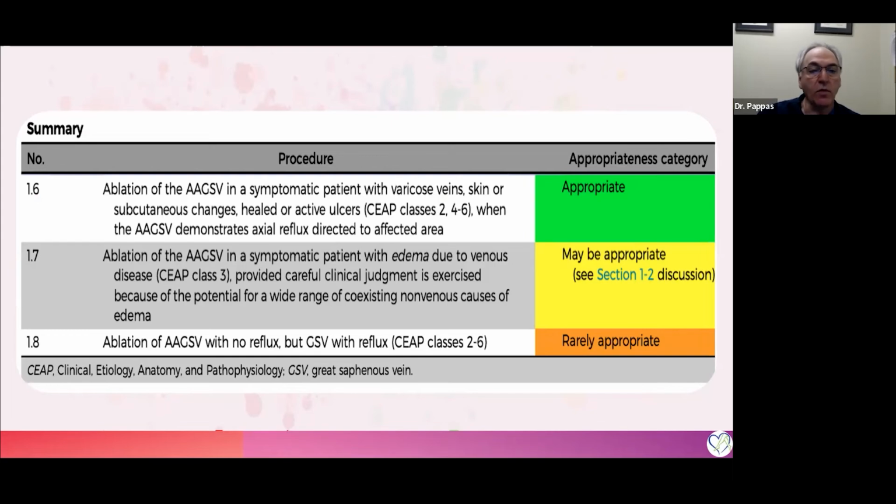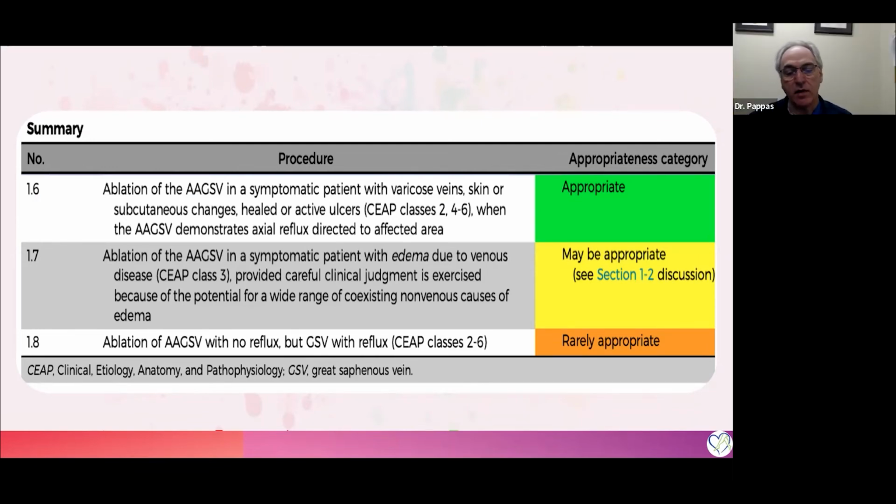But the reason they did this was because they felt there was a lot of fraud being committed out there, and there needed to be something in the literature that people can point to, so that when there are fights with the insurance companies, you can at least point to this paper. I understand why they did it. I'm just not a fan of the methodology they utilized. So there's still a lot of questions on AAGSV disease.